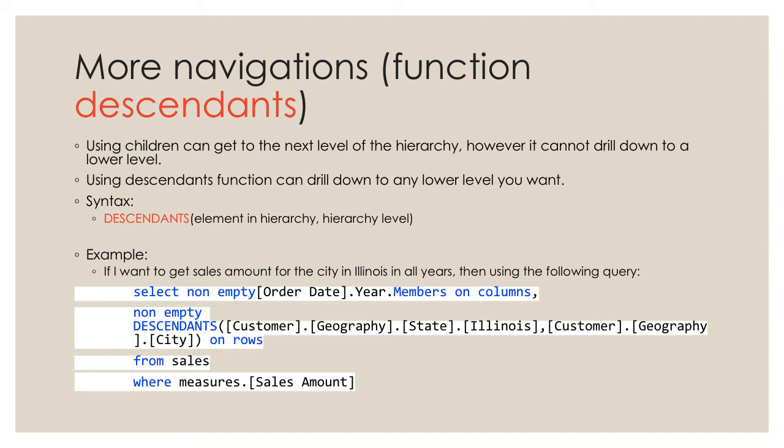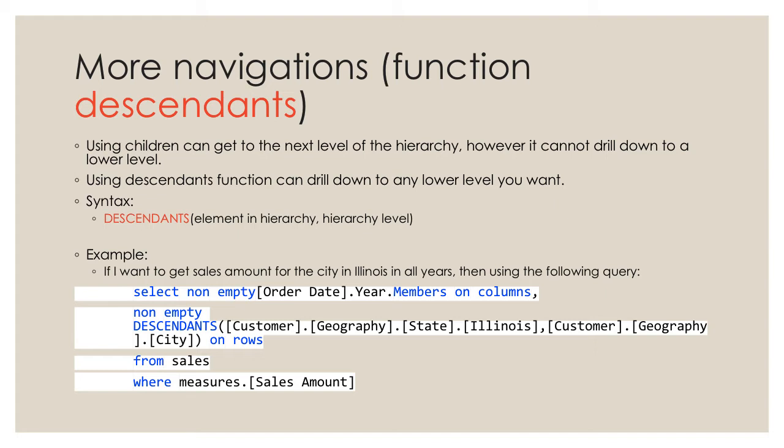It should be. Here I'm just showing the syntax for descendants. If you do descendants with an element and a level, it's going to give you all the levels under that element. Here the element is a state and the level is a city, so it's going to show all cities under that state.